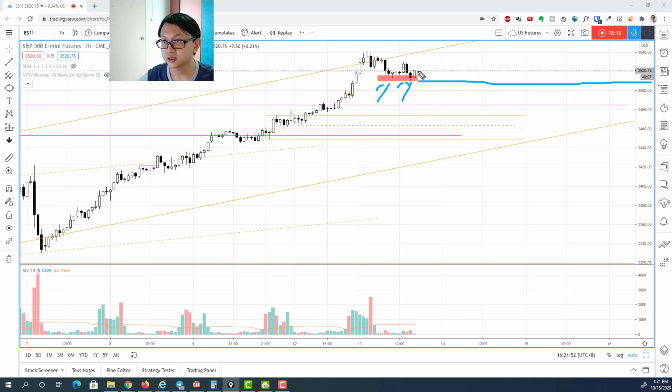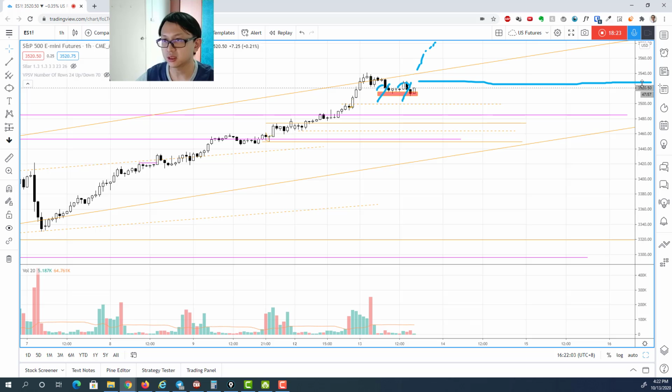So if we can just turn up from here, then I think we have a higher chance to see S&P 500 keep going up and maybe test the previous high at around 3590 before we just expect to see some kind of correction or deeper pullback like this. So let's see how it goes.